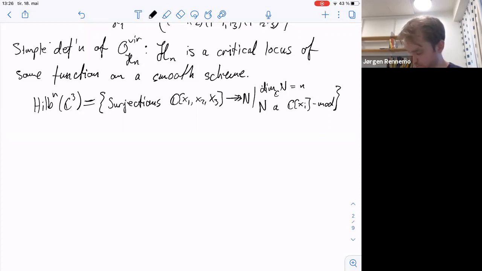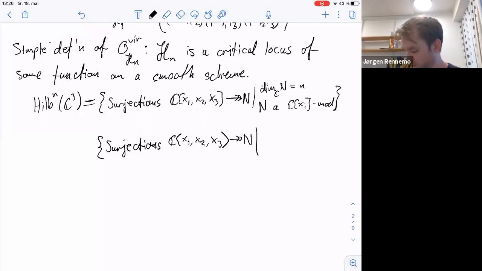Okay, so you can then consider the following alternative. I'll write it as a set, but it turns out to be a moduli space. You can do the same thing where you take surjections, and now you pass from the commutative polynomial ring to the non-commutative polynomial ring. And you do the same thing. So as a C vector space, the dimension of this should be n, and this thing should have a structure of module over this.